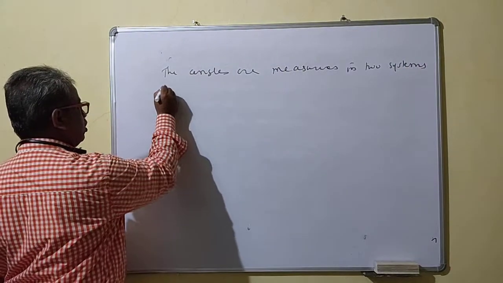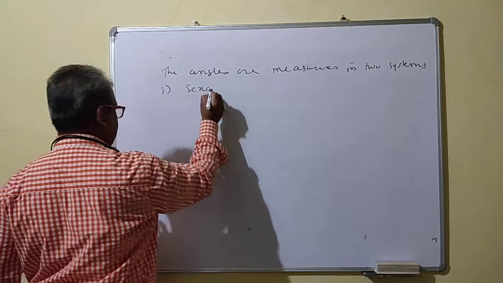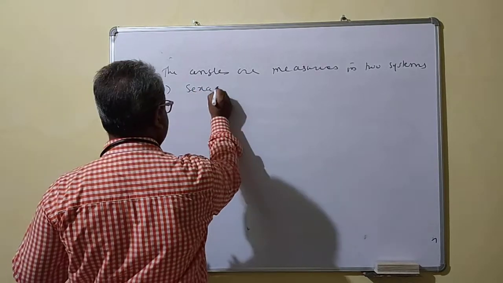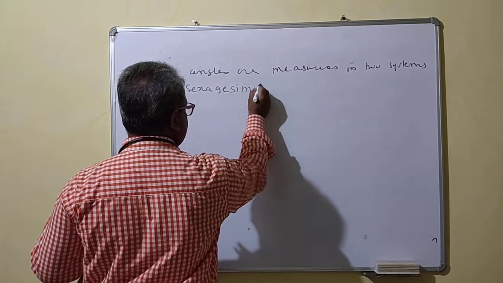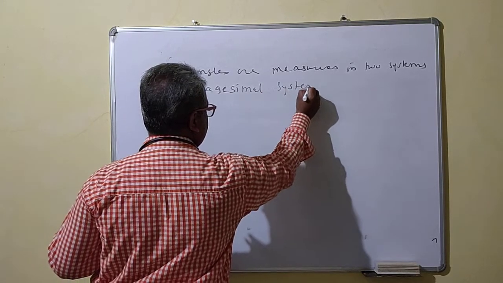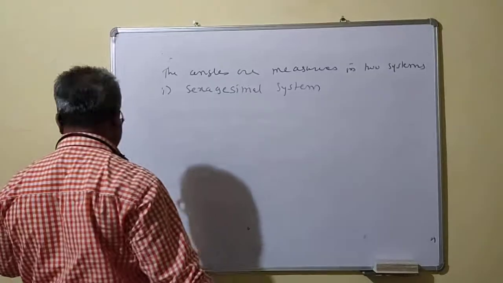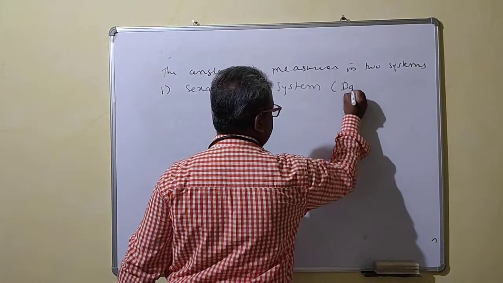The first one is the sexagesimal system, which is called degree measure.